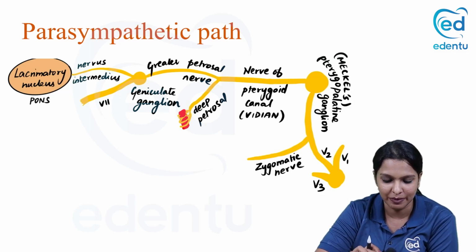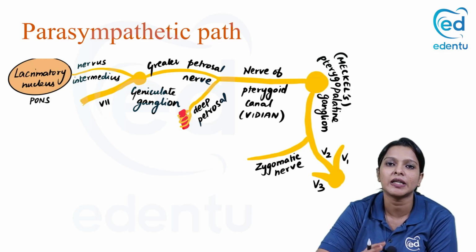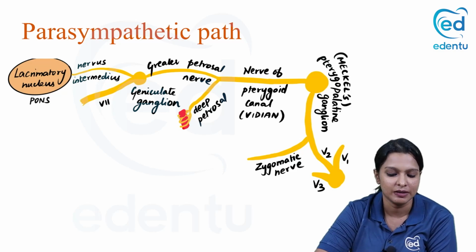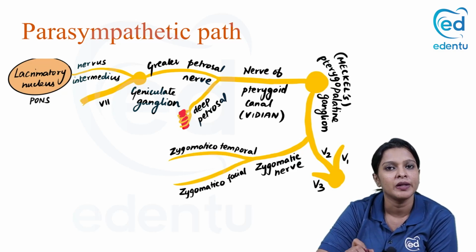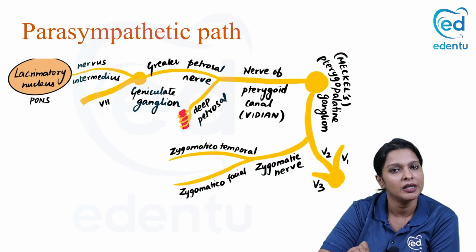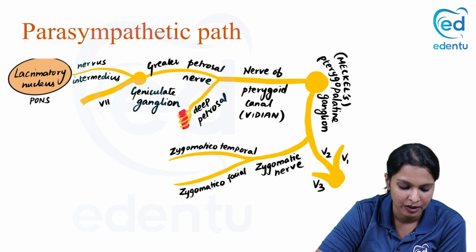And through one of its branches, the zygomatic nerve, the pathway is traced. Now, the zygomatic nerve has two terminal branches, zygomatico-temporal and zygomatico-facial. This secretomotor pathway is traced into the zygomatico-temporal branch.